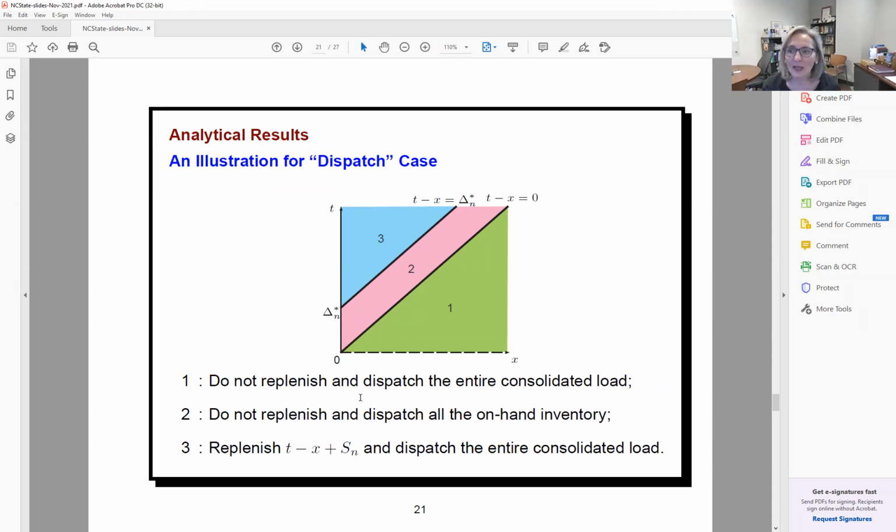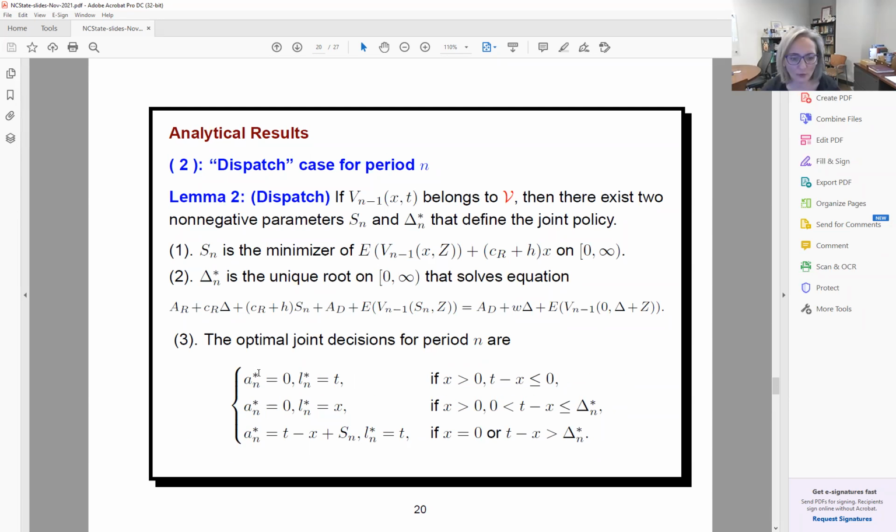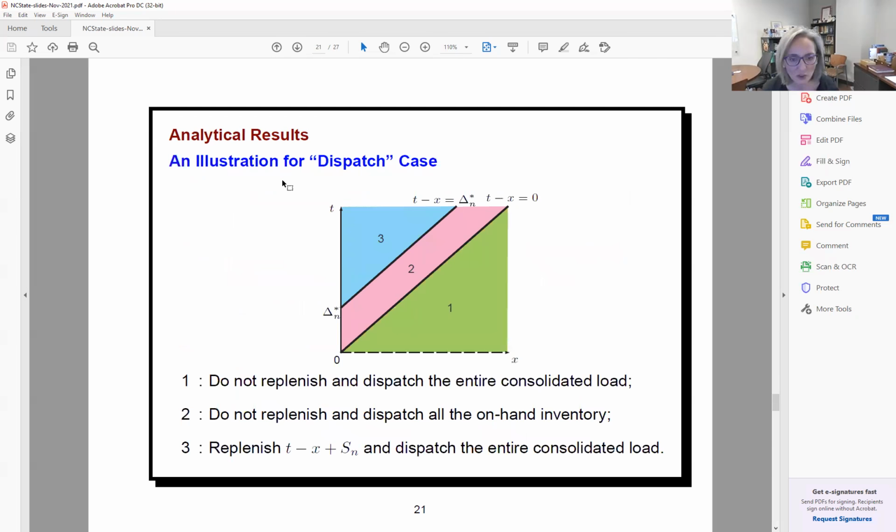So this is an illustration of Lemma 2 using a figure, the 3 pieces of the expression that I showed that demonstrate the optimal policy if you are going to dispatch. The result says that we have 3 regions of optimality depending on our state variables x and t.